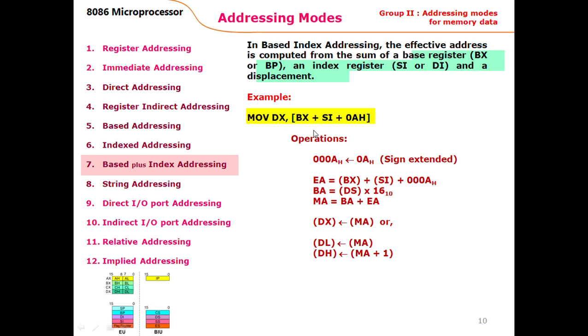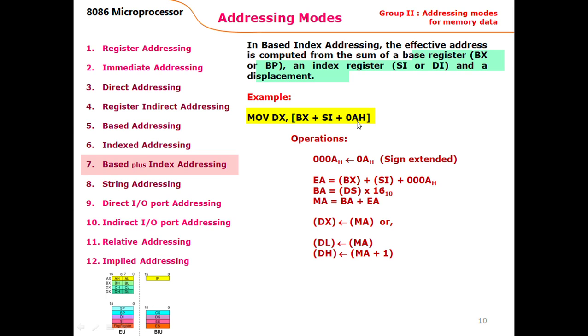So what does this instruction do? MOV DX, [BX + SI + 0Ah]. This instruction moves 16-bit content from the data segment location addressed by this effective address to the DX register. These are the operations to calculate the memory address. First, this 8-bit displacement is sign extended to 16 bits because these values are 16-bit.